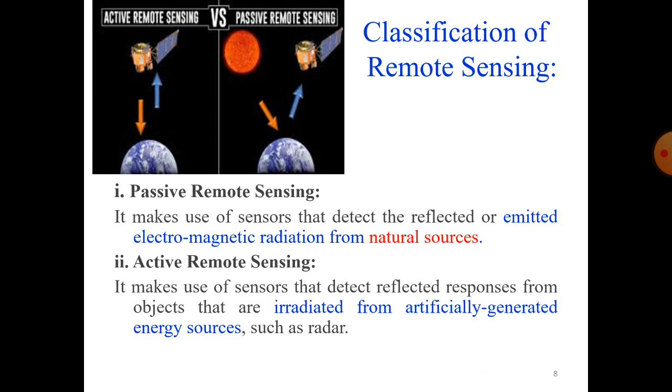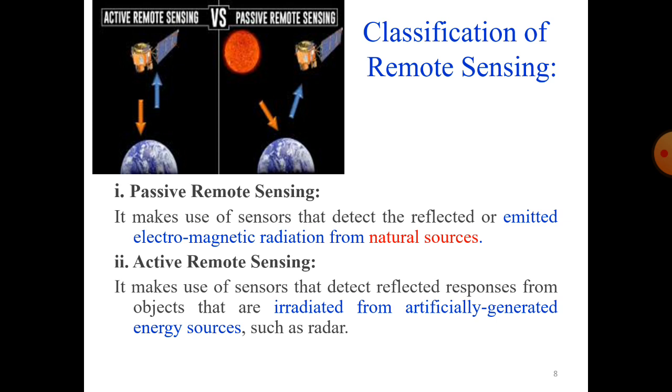The next important concept that we shall understand is the classification of remote sensing. Classification of remote sensing is based on the source of EMR. If the EMR is from a natural source like sunlight, as you see in the second picture of the photograph in the slide, it is called passive remote sensing.